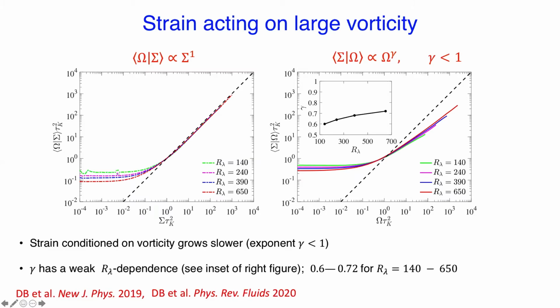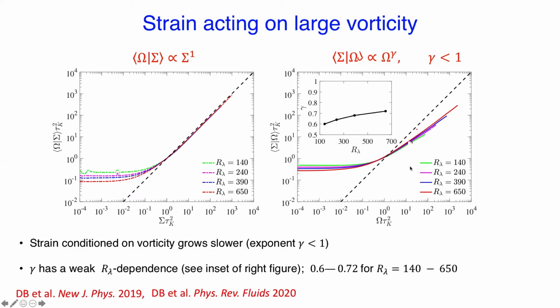Then if we do the inverse condition, strain conditioned on vorticity, we see that it is not as large. It goes as some power law, roughly in the range of these large values, where the exponent is less than 1.